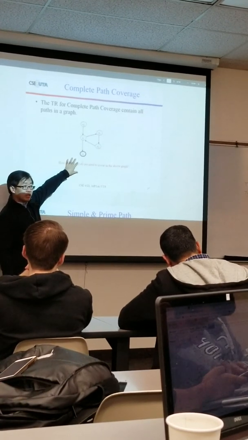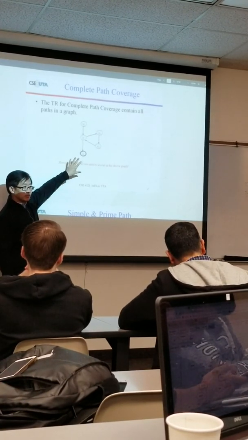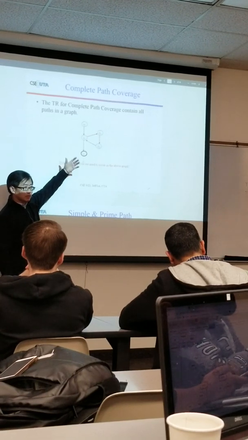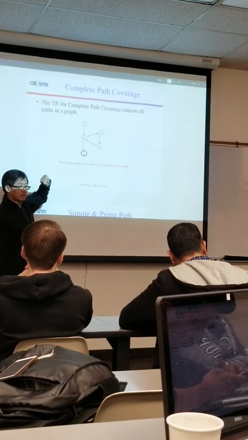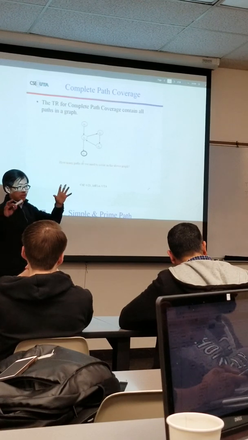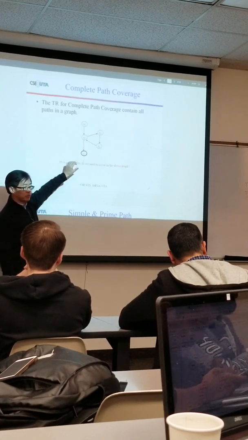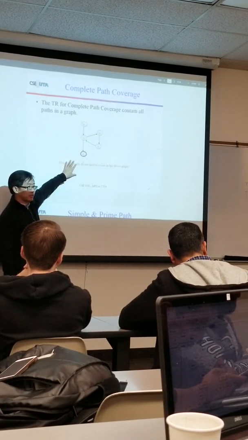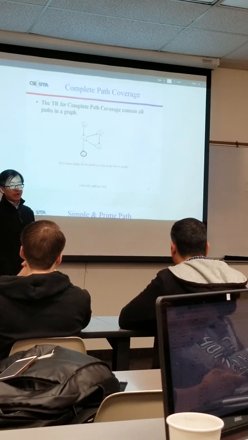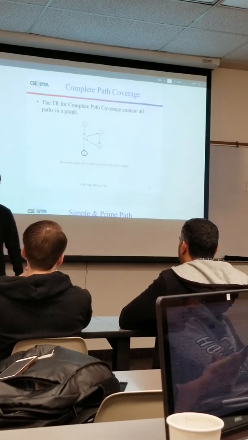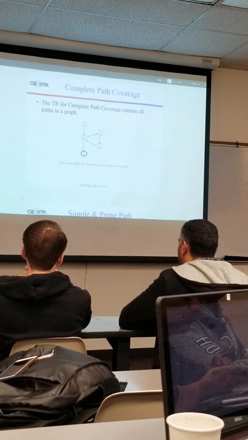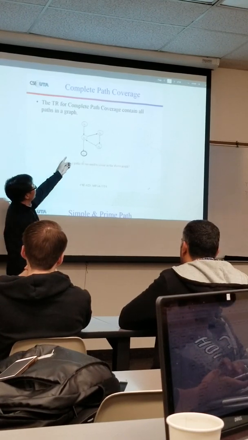So again, we look at the graph. I guess in your mind, you can map this to a program that has a very simple loop structure. How many paths do we have in this graph? How many? Two? Okay. Tell me which two.